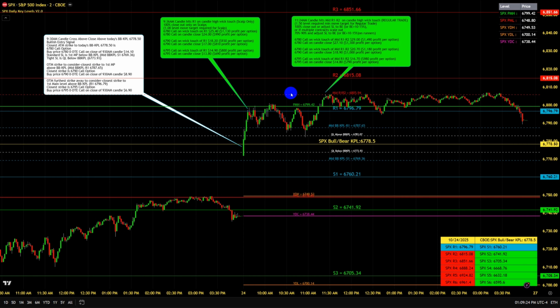The target exits depend on a couple of different factors. One is obviously the level that you're trading from. The second thing is going to be what type of trade that you're executing. Are you doing a scalping trade only, or are you doing a regular trade?